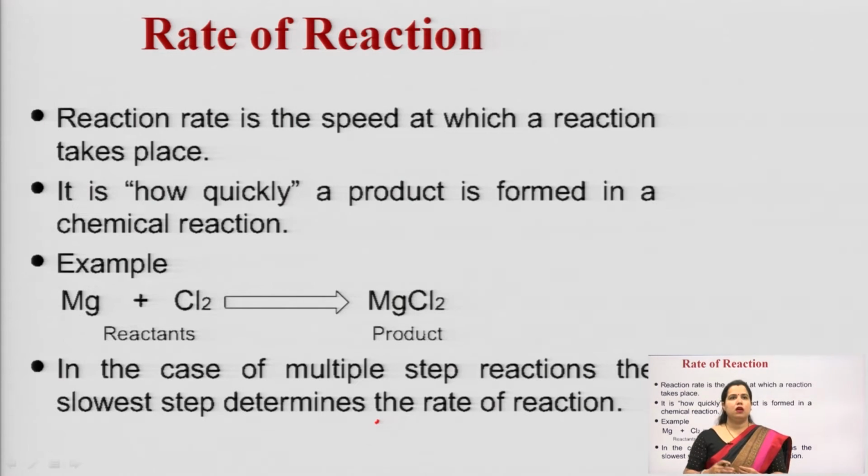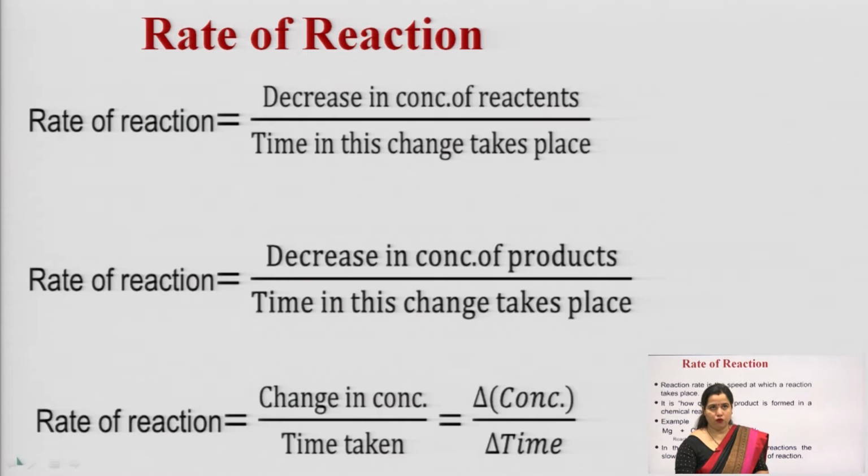For example, magnesium plus Cl will give you magnesium chloride. So, magnesium and chlorine are the reactants and they produce magnesium chloride. In case of a multiple step reaction, the slowest step determines the rate of reaction. So, this is how we go for rate of reaction.